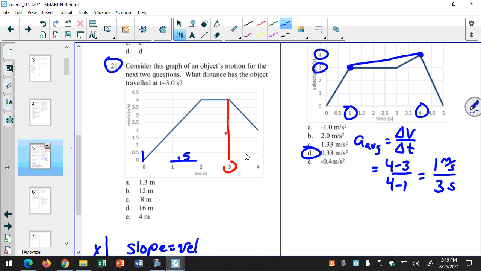I say meters because it represents a distance traveled. And then let's count those squares. This is 1, 2, 3, 4, 5, 6, 7, 8, 9, 10, 11, 12. I'm going to combine this one and this one to make 13, this one and this one to make 14, this one and this one to make 15, and this one and this one to make 16. So the answer then is 16 meters.